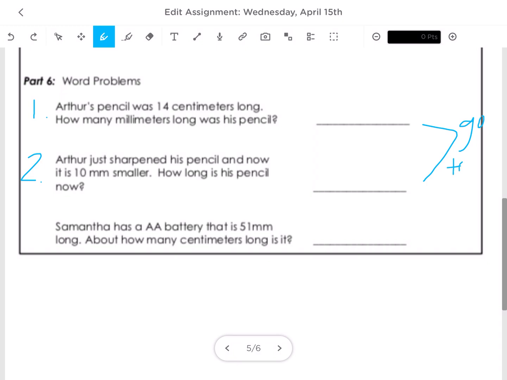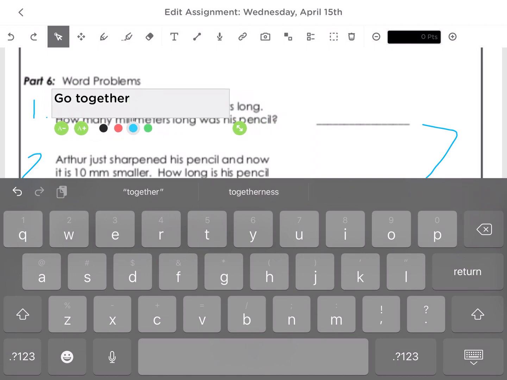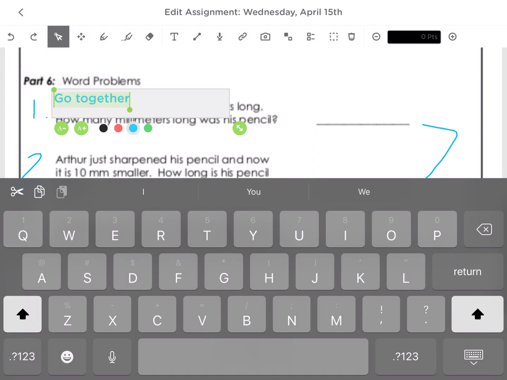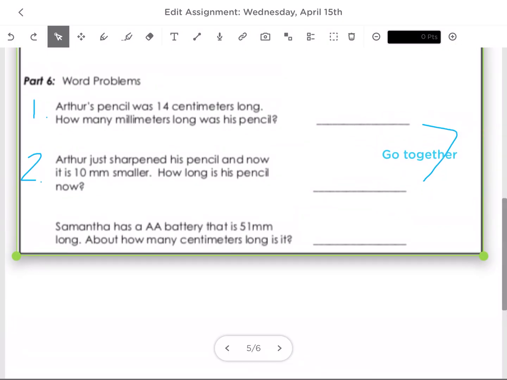Make a note there for you that they go together. I'll type it, that way it looks a little bit nicer. You're going to be using the answer to number 1 to then also get answer number 2. Okay, so these 2 go together.